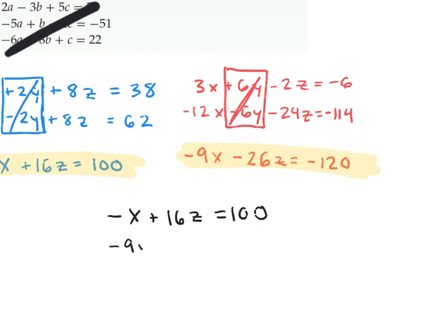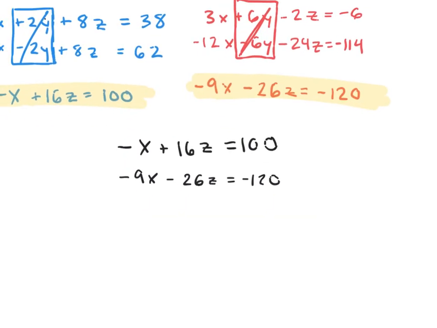Okay, so we have negative x plus 16z is equal to 100, and negative 9x minus 26z is equal to 120. So the x's look like they're easier to cancel. What do we have to multiply? If we multiply it times 9, you have a negative 9 and negative 9.